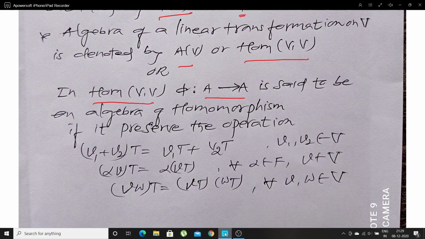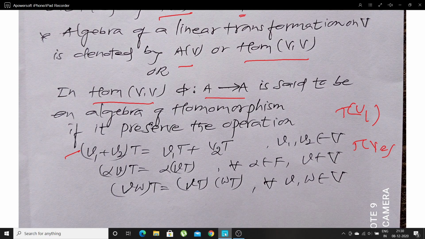In the UG, we used to write T of V1 plus V2. Here the notations are different, that means the presentation is different. V1 plus V2 of T is equal to V1T plus V2T, that means T of V1 plus T of V2. I hope you got it.